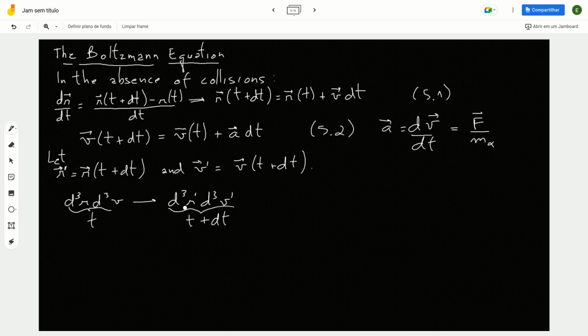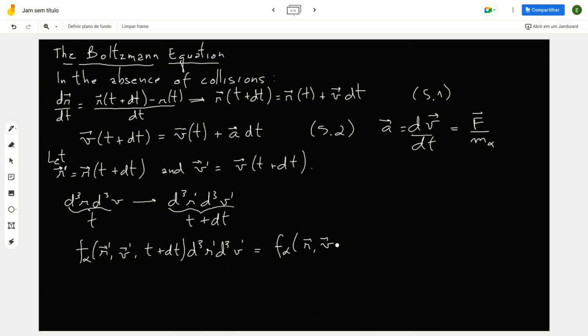But you will have, for the distribution function, the distribution at r prime, v prime, time t plus dt in this element will be the same as in this one here.